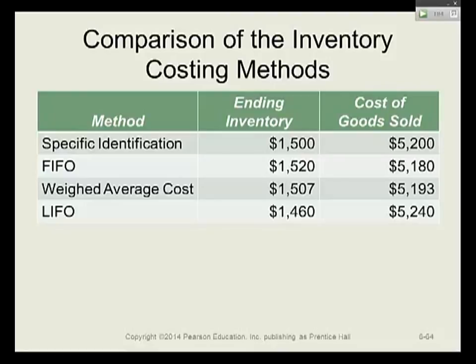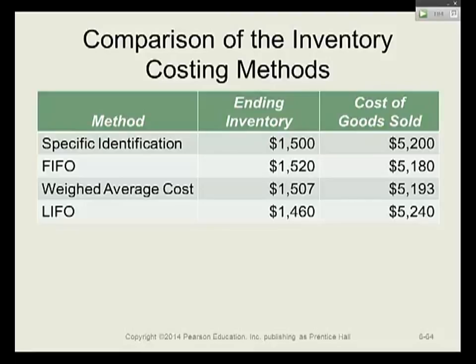If you're looking at slide 64, you need to ignore, in a sense, the specific identification, because that's kind of random. You really don't know what's going to happen every year. But if you look at the comparison of FIFO, weighted average, and LIFO costs, here are some of the things you need to know. And again, on the exam, you are going to get lots of these multiple choice theory questions.